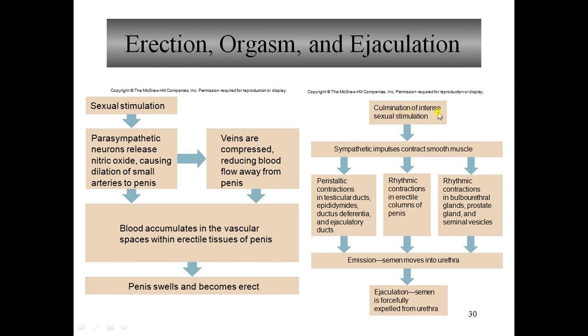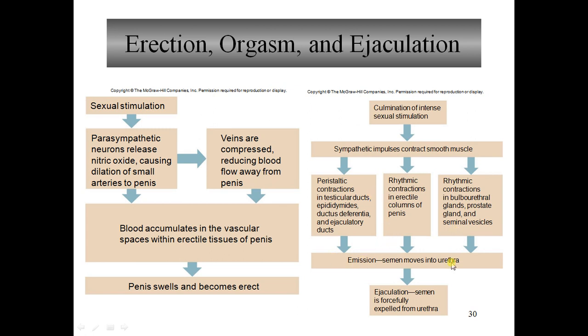Culmination of intense sexual stimulation: sympathetic impulses contract the smooth muscle. Then there is peristaltic contraction in the seminiferous ducts, epididymis, ductus efferentia, and ejaculatory duct. Then rhythmic contraction of the erectile columns of the penis, and rhythmic contraction in the bulbourethral gland, prostate gland, and seminal vesicle.